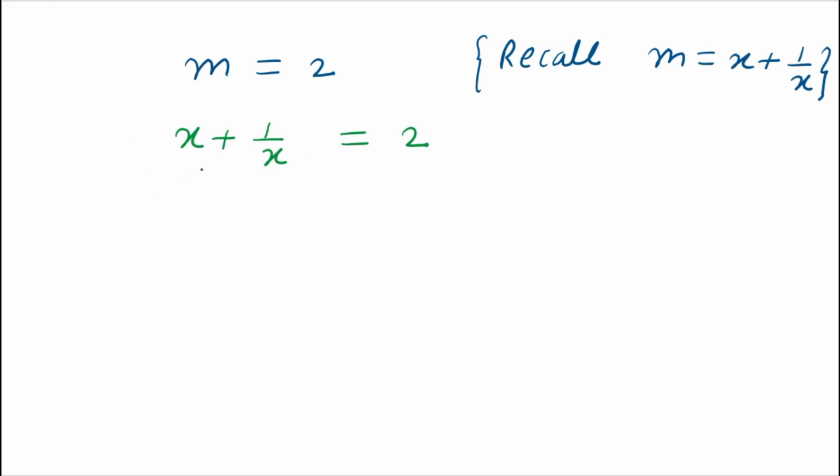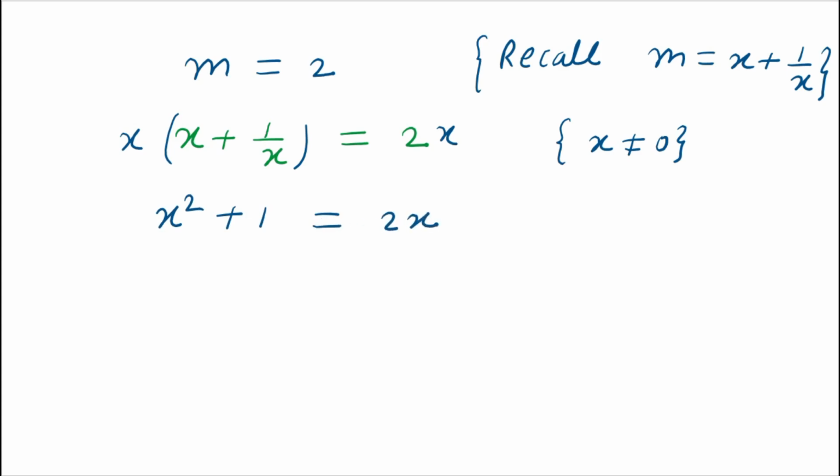Now if we multiply both sides by x, where x is not equal to 0, then you will get x square plus 1 equal to 2x. Now if we take all the expression on the same side, then x square minus 2x plus 1 equals 0.